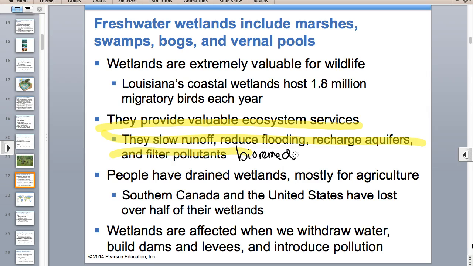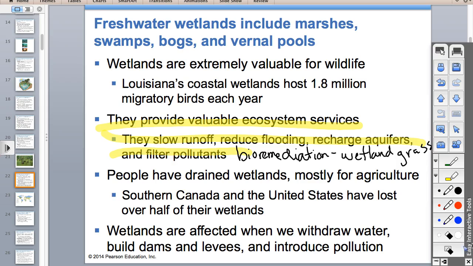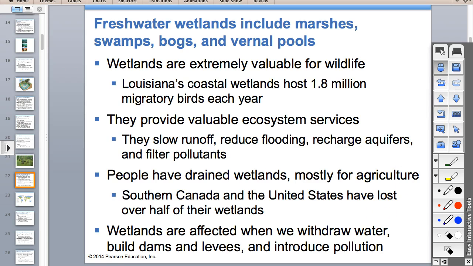So bioremediation by wetland grasses. Sometimes in wastewater treatment, they'll have artificial wetlands and plant cattail-type plants, and that'll help to remove some of the heavy metals, which I think is really cool. It's a good idea, and then it'll recharge the aquifer. Everybody's happy.